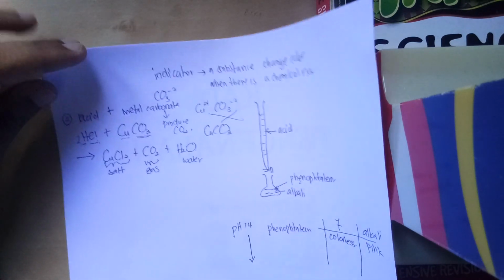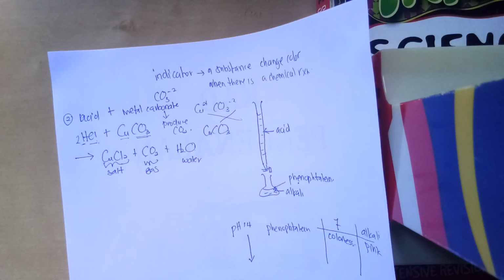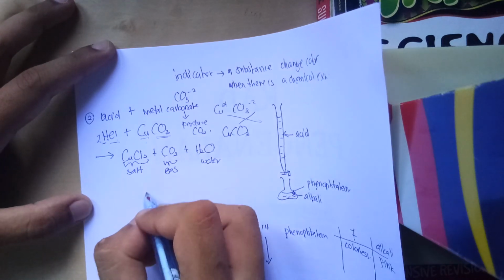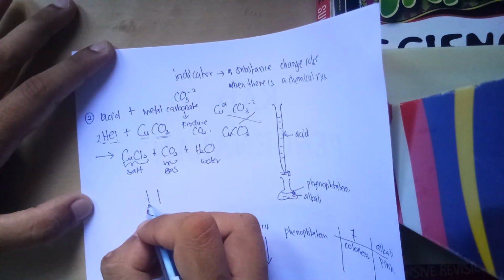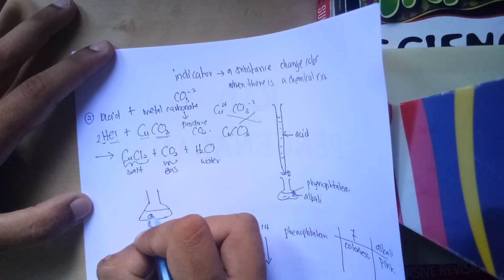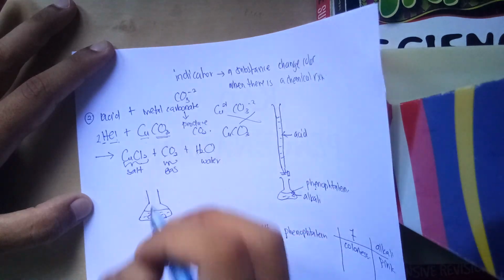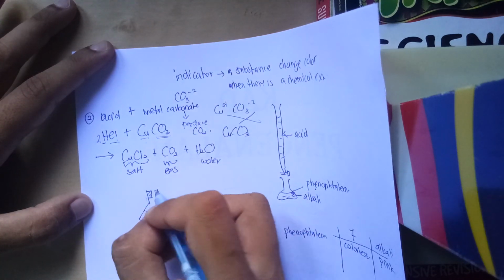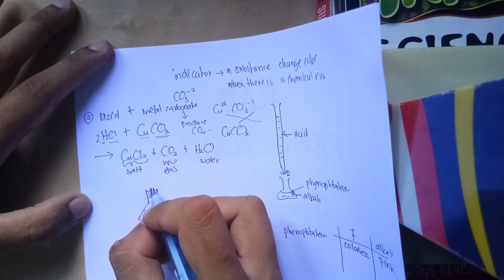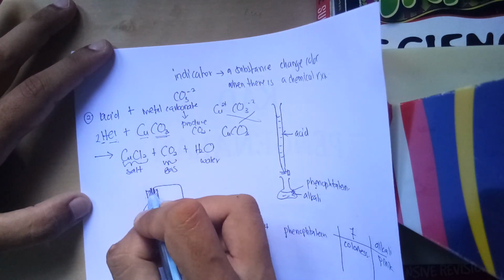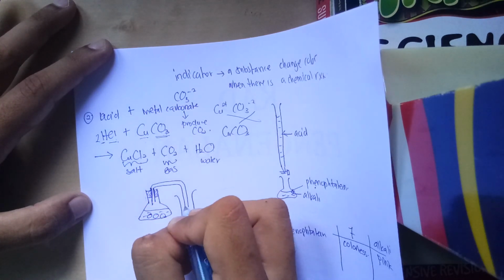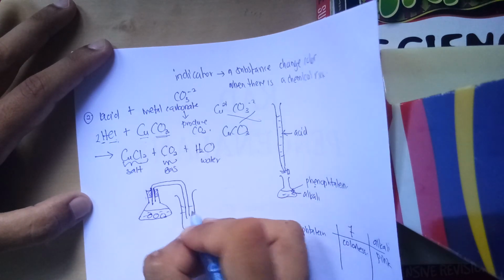Basically, in the reaction, you put acid and copper carbonate, for example. It is the same idea as acid plus metal: you put acid and carbonate, and they react here. You put a stopper and a delivery pipe, and you bubble the gas through.